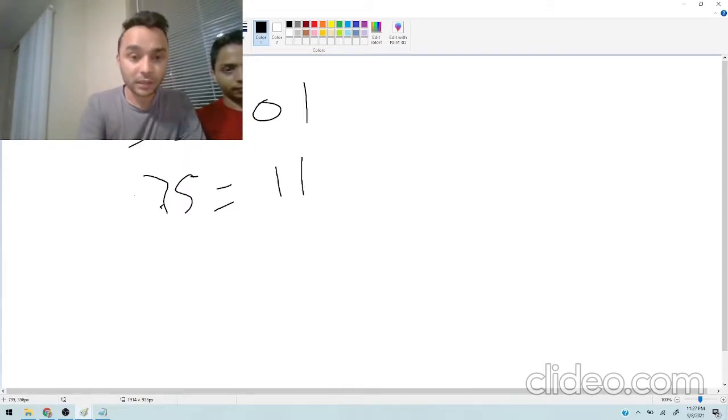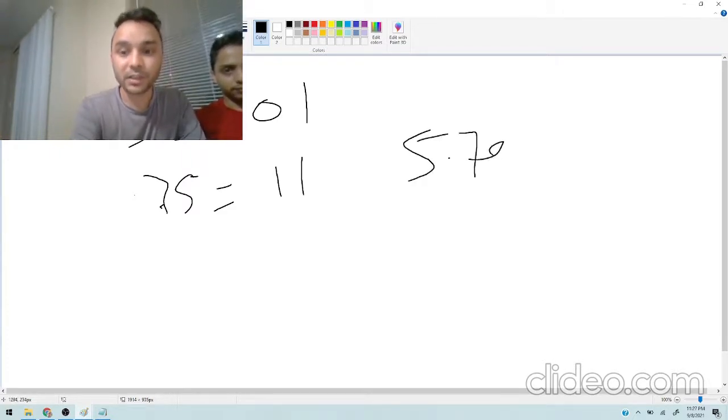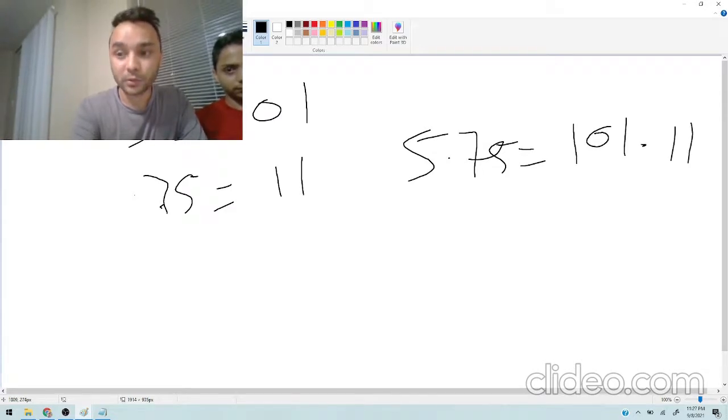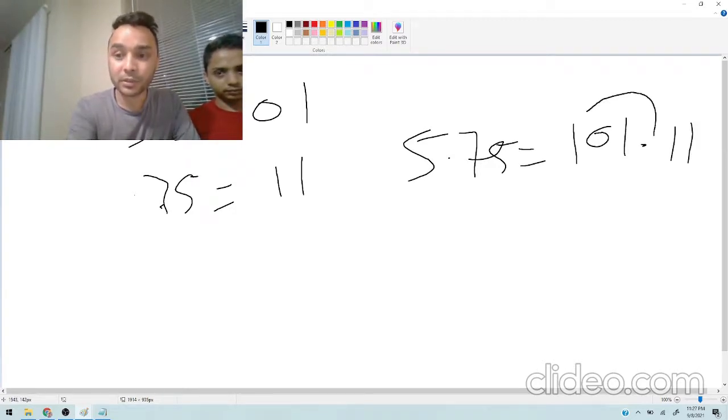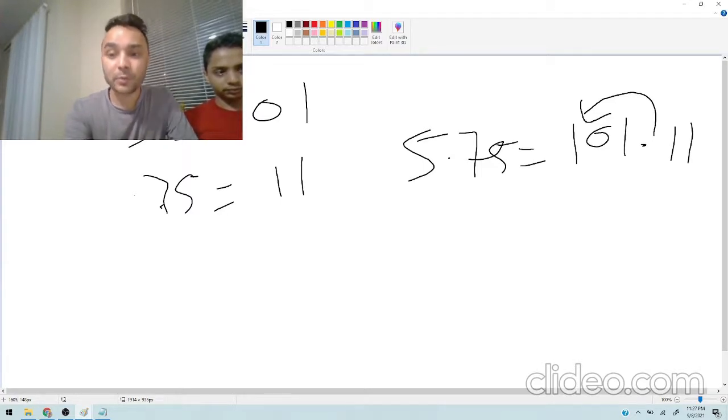So the binary number of 5.75 is 101.11. On the second step, we move the decimal point to the front. Each time we move the decimal point one place, we multiply by 2.